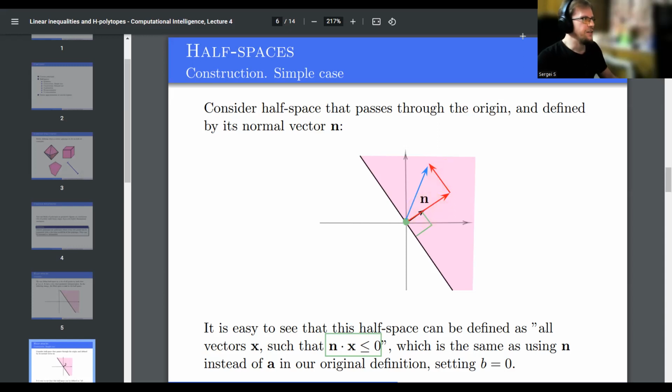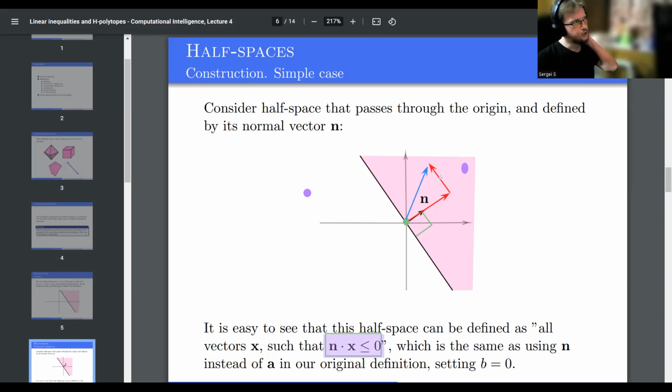Okay, so that is the thing. All vectors on this side would have a positive dot product, and all vectors here would have a negative dot product, and that is where this definition comes in.